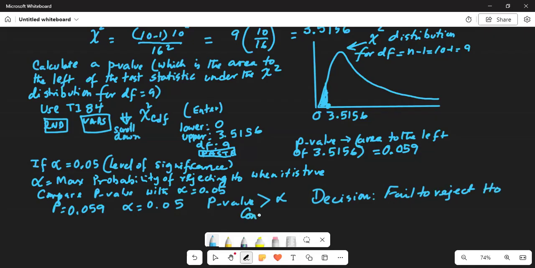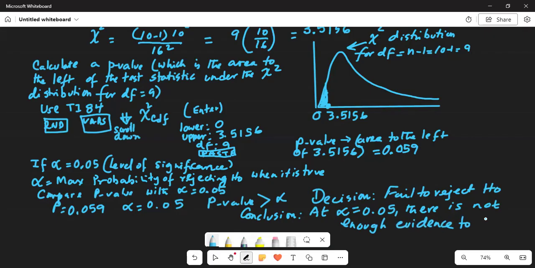And the conclusion is, at alpha equal to 0.05, there is not enough evidence to support H1, or HA, which is sigma less than 16. Okay, so that is part A.